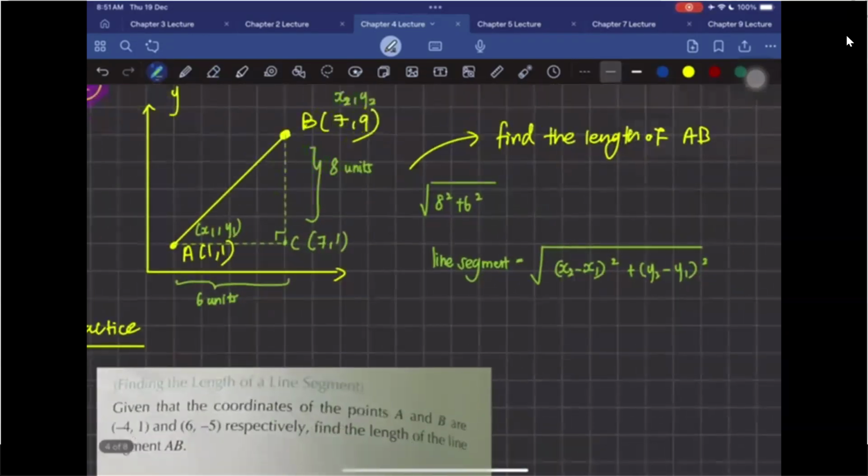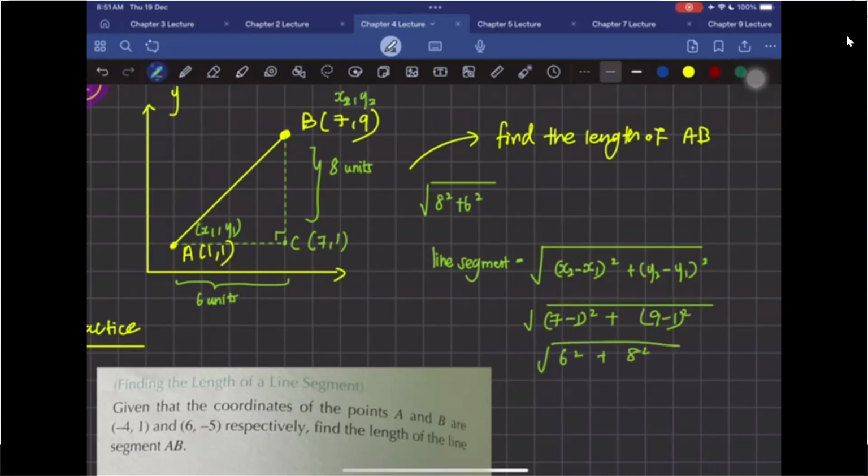So if I use this formula, it's just 7 minus 1 squared plus 9 minus 1 squared. So again, I'll get the same thing, which is 6 squared plus 8 squared. Okay, same as the earlier one. So this is the concept behind this formula.